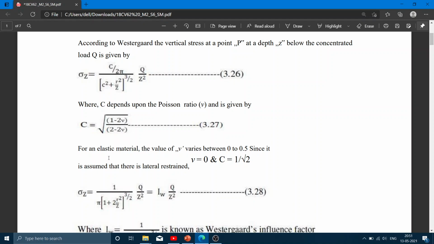For an elastic material, the value of nu varies between 0 and 0.5. Since nu is equal to 0, C is equal to 1 divided by root 2, it is assumed that there is no lateral restraint.